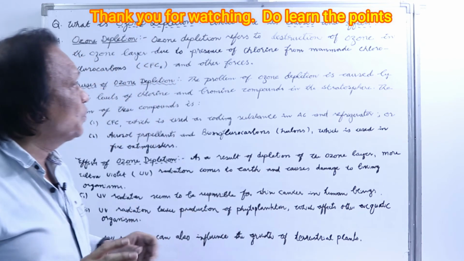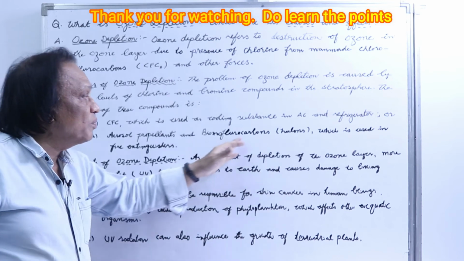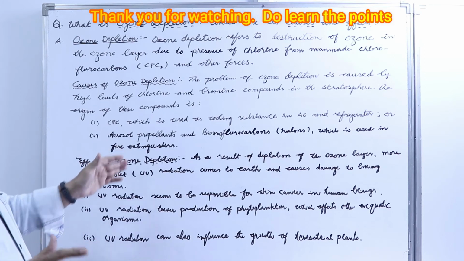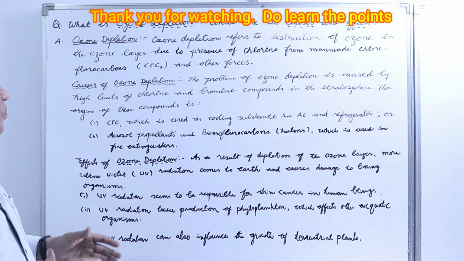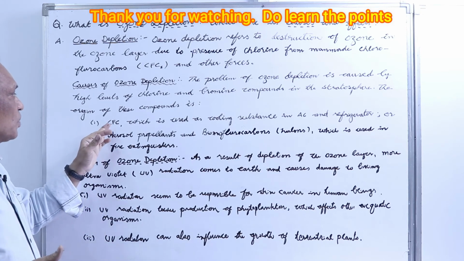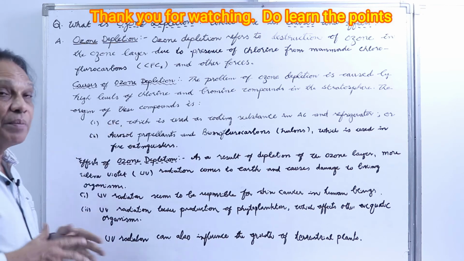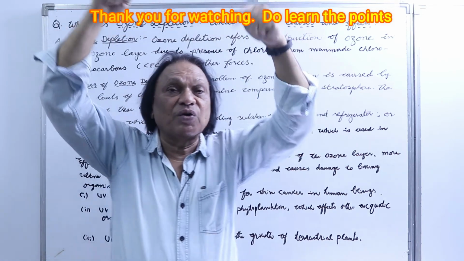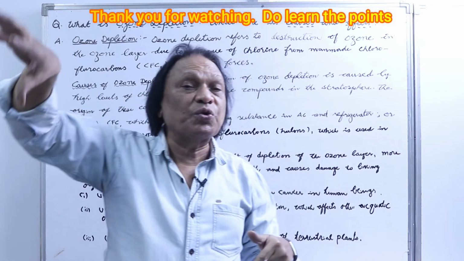All these produce bromofluorocarbons, that is halogens, and they produce bromine, and they all contain CFC, that is chlorofluorocarbons. Because of this, when it goes into the stratosphere, there will be a hole in the ozone layer.